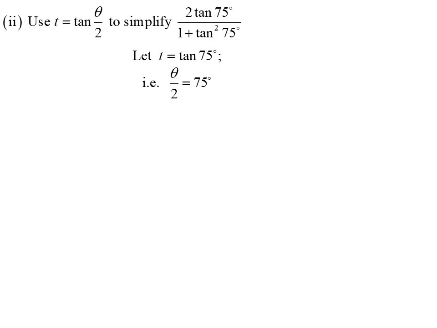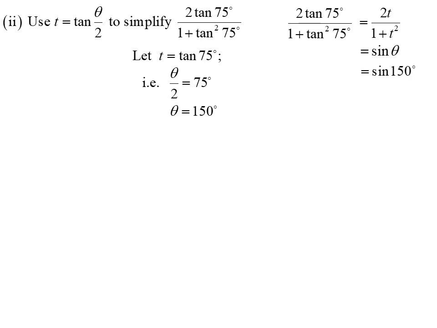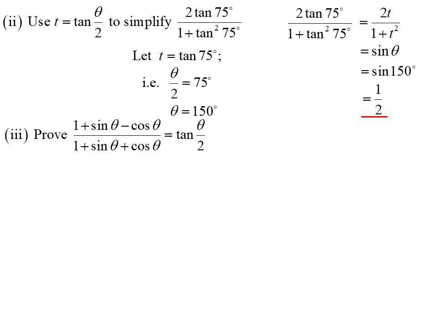So tan theta on 2 will be tan 75. In other words, theta is 150. So 2t on 1 plus t squared, I know that's the t result for sine theta. So really I'm saying, what's the sine of 150? Well, it's a half.